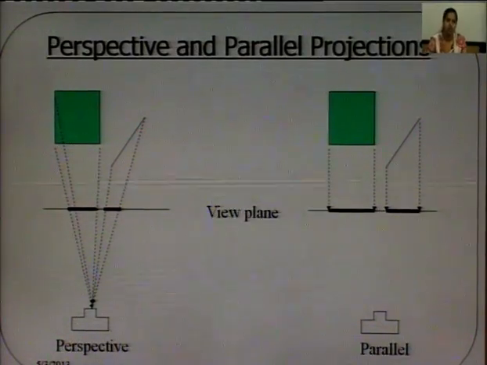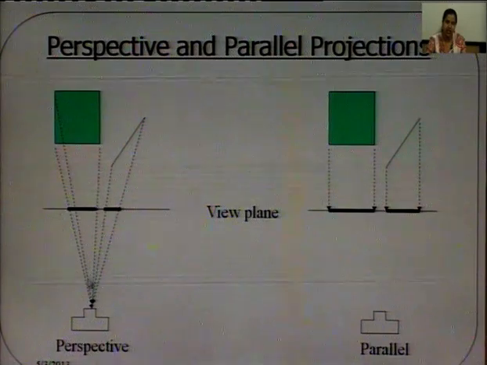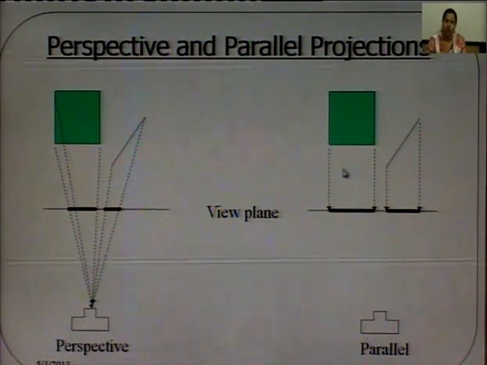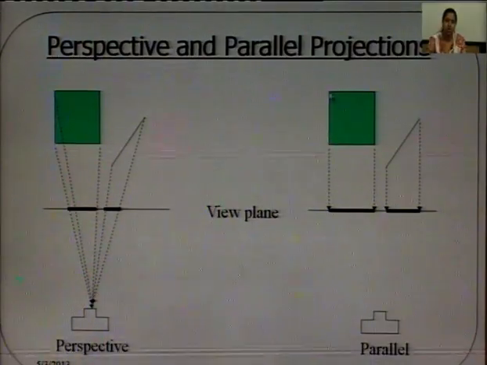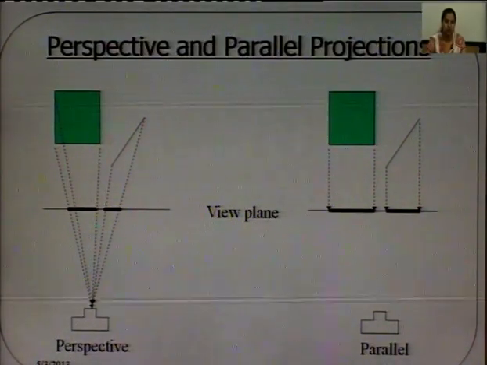Here you see, this is the eye, where the rays converge at an eye point. In the parallel, no convergence is here. The lines go parallel, and they are not meeting at any point. So this is the basic difference between the perspective and the parallel projections.